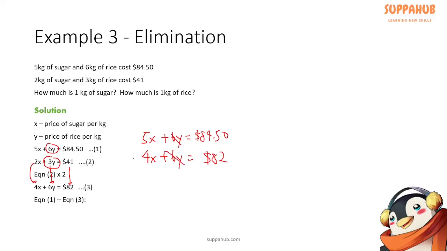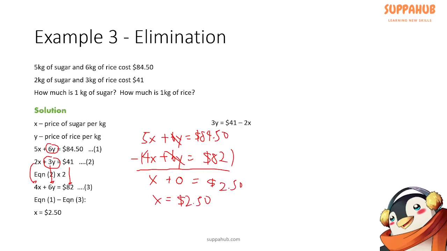So to do this, you have equation 1 minus equation 3. Okay, so you perform a minus. 5x minus 4x, you have x left. 6y minus 6y, because the whole thing is minus. You don't minus only the 4x. So you have 0, and here we have 2.50. So x is $2.50, right?